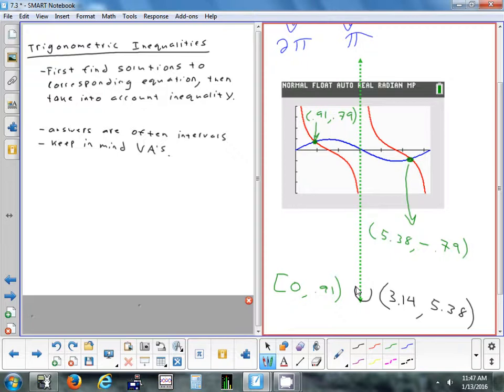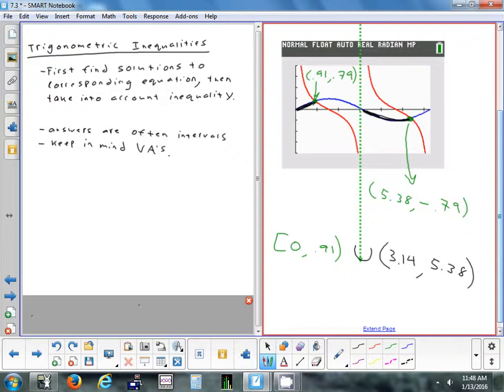And now, that interval from here to here, and from here to here, is going to repeat how often? Every 2 pi. So, for our interval, let me see how the book does it.